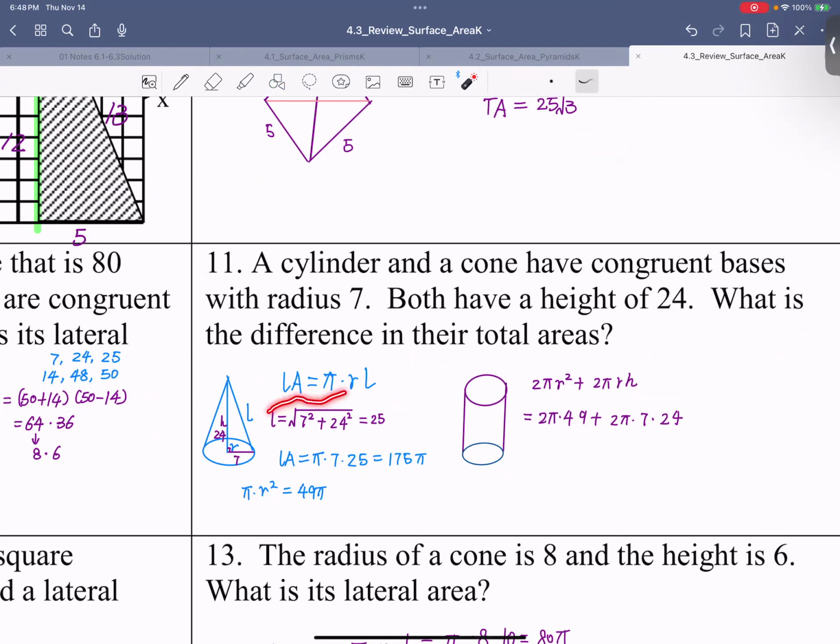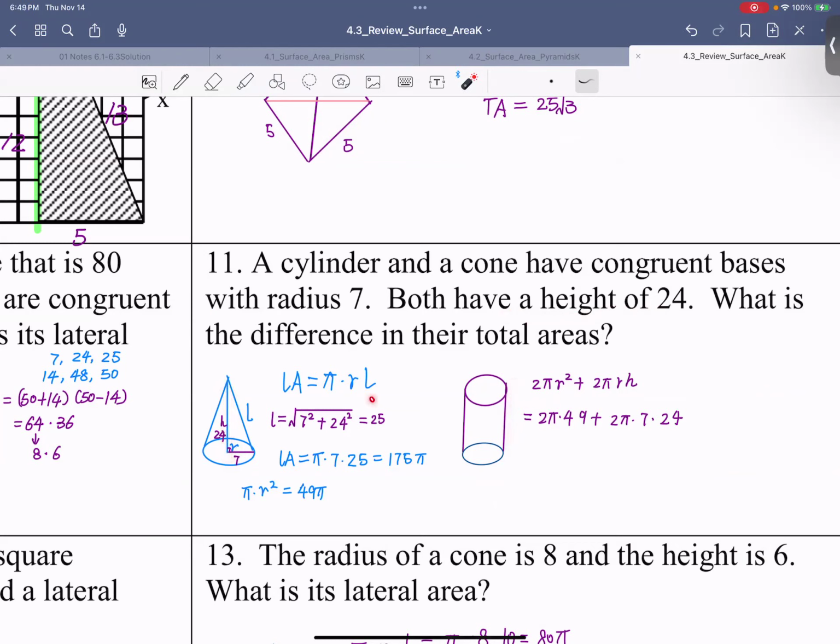So the lateral surface is pi RL for the cone, and for the cylinder it is 2 pi RH. But they said they have congruent bases, radius 7. So this R is 7, and this R is also 7, and both have a height of 24.